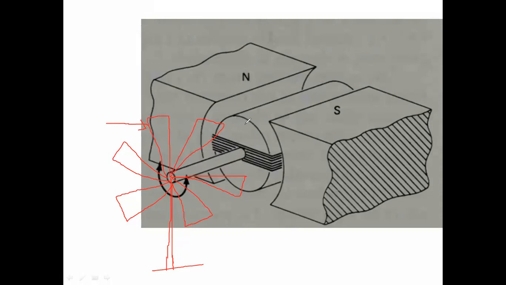Generally, you can say this is a rotor. This rotating object is considered as the rotor of the generator or motor. So we wound the wire on this rotor.